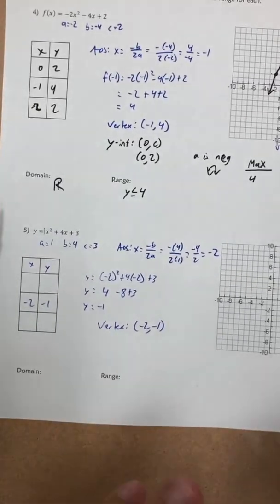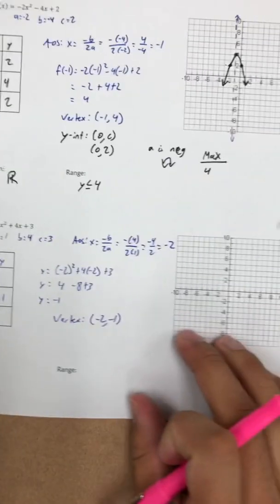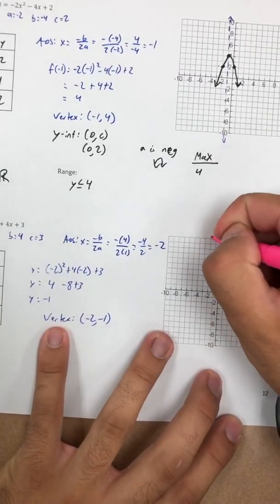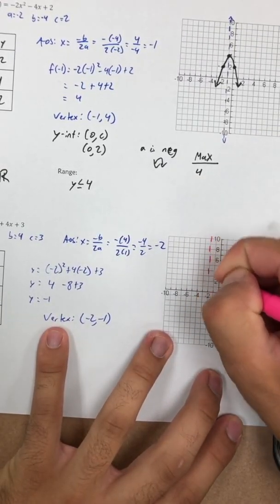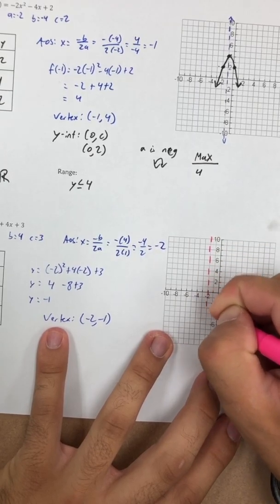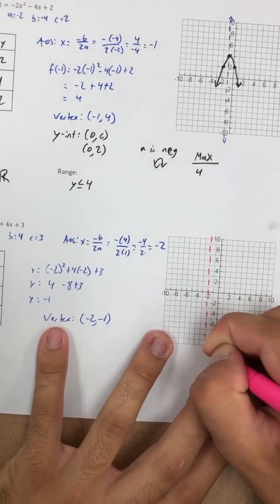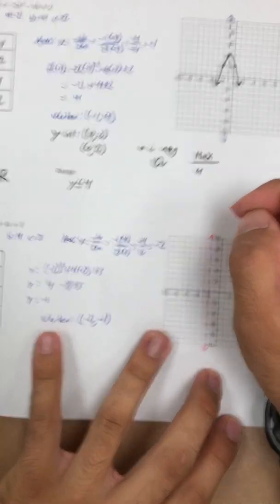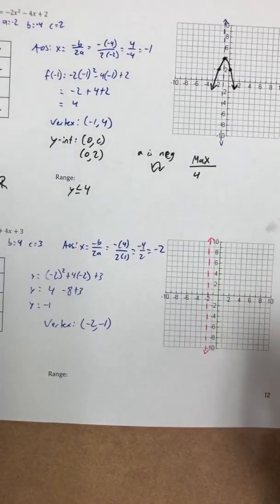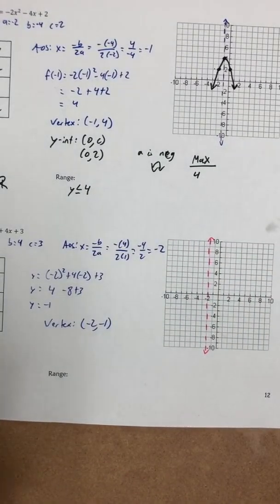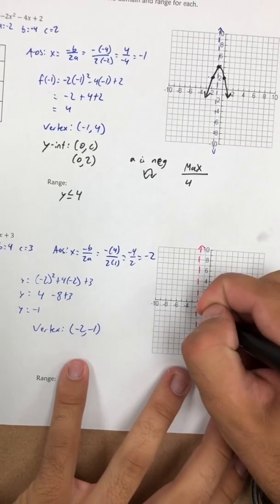We'll go ahead and graph this really quick. So I'm going to graph that axis of symmetry at -2. And that vertex of -2, -1 is right here.